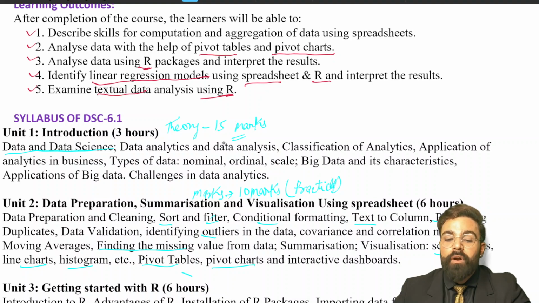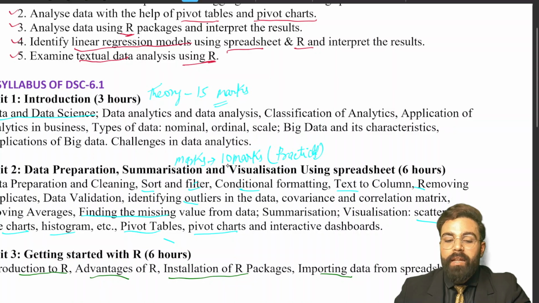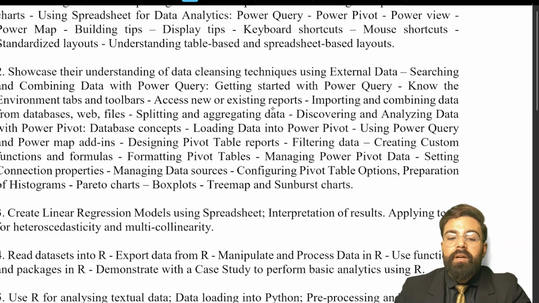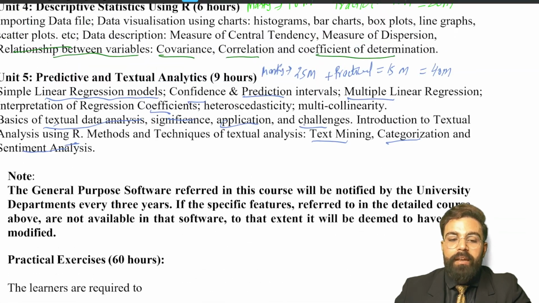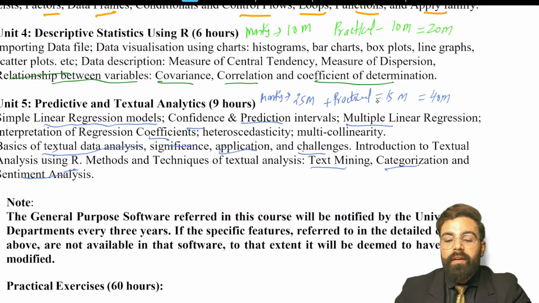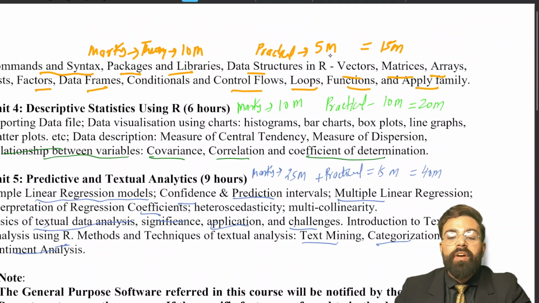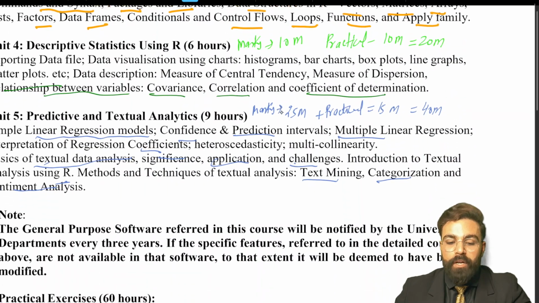And if you count for practical, 10 here, right? 10 from unit 2. Similarly, you can check it out, 10, and then 15 here, 25, then 10, 35, and 5, 40. So 40 will be of your practical and 60 of your theory paper. So this is all about this particular paper.